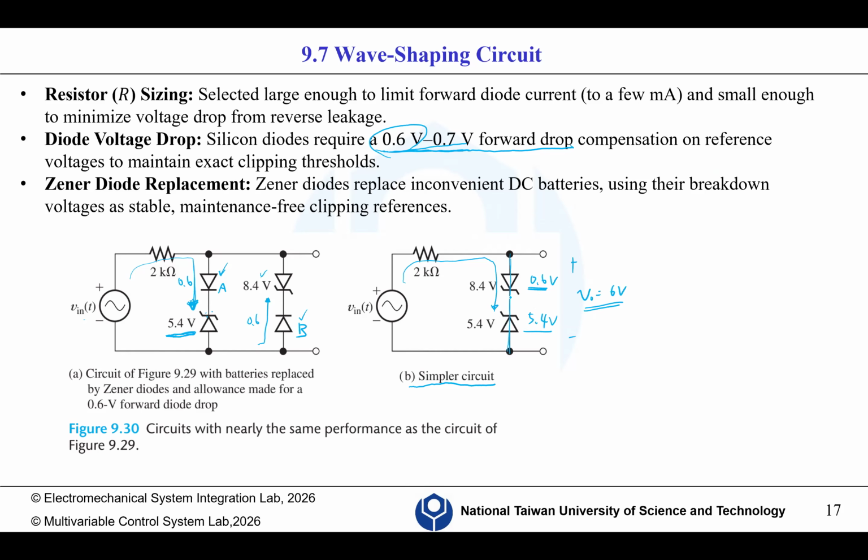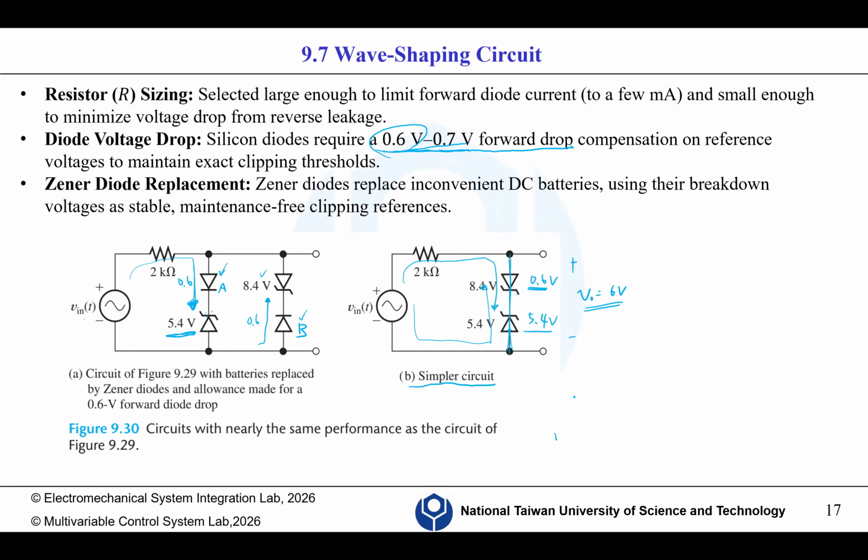For this branch to be turned on, one diode is at its forward bias and the other diode is at its Zener region. Reversely, if we think in reverse, then this diode is in its forward bias and this diode is in its Zener region. Both these alternatives generate the same output voltage as the previous example.